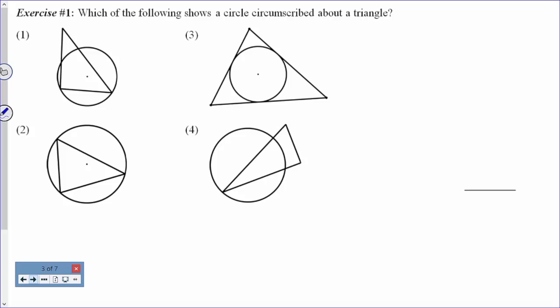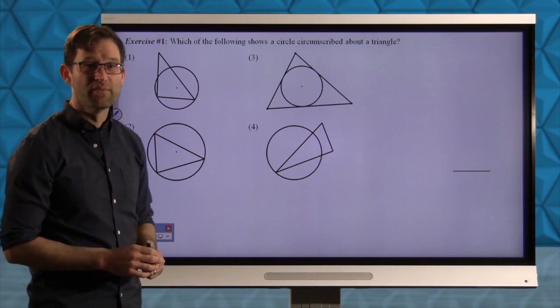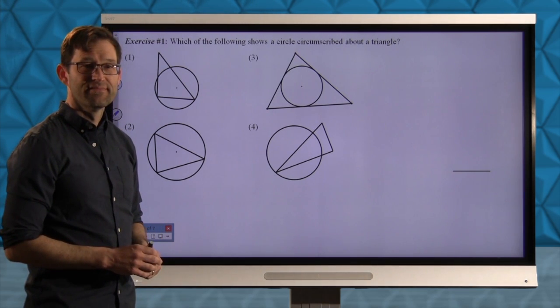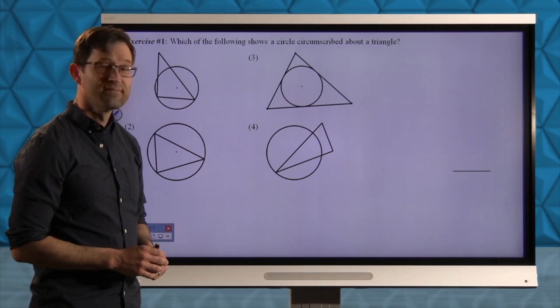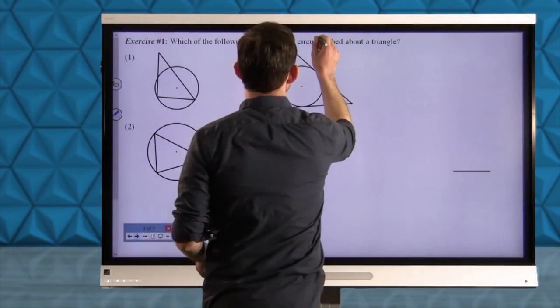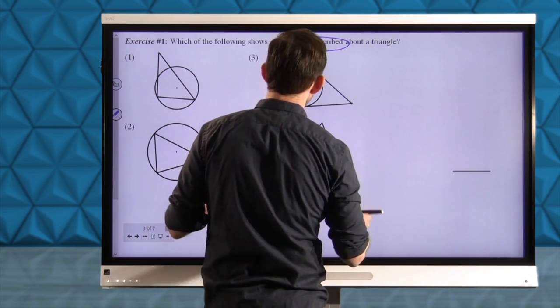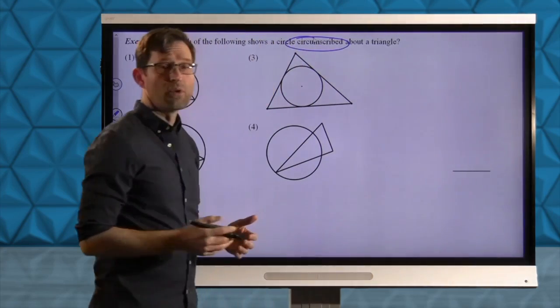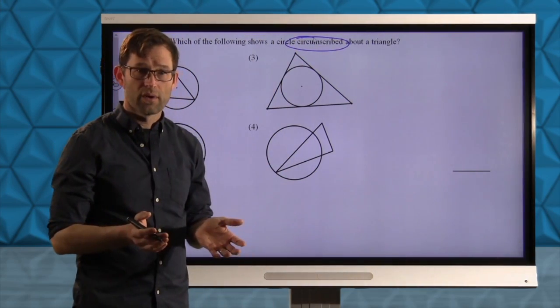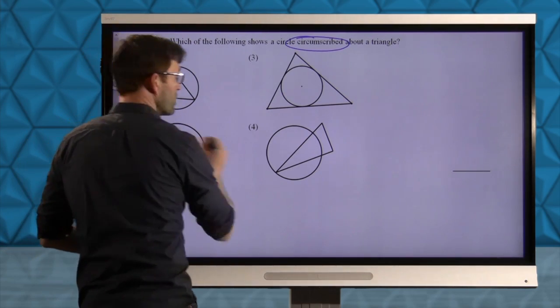Which of the following shows a circle circumscribed about a triangle? Take a moment, pause the video if you need to. Well, I'm sure this term, circumscribed, is new to you, and it's a little tricky because circumscribed really means to surround. What we've got here is choice 2.